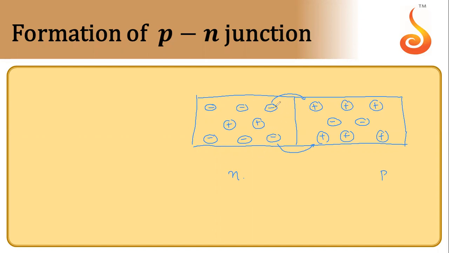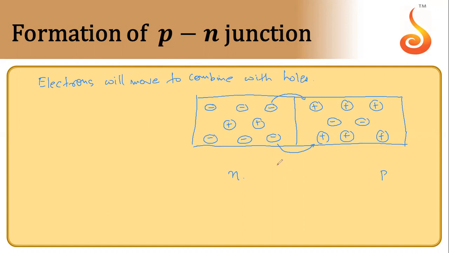This is basically a diffusion process. This will happen just when you have joined n and p type semiconductor. So at that moment electrons will diffuse, or they will move to combine with holes.